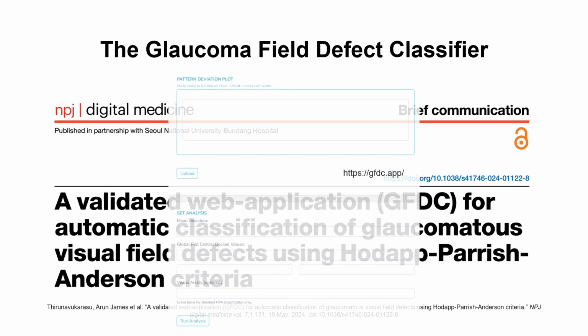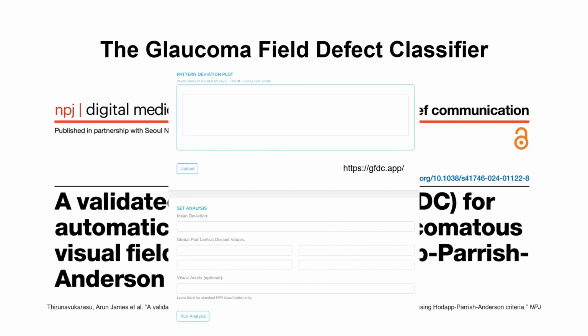On the website you upload the pattern deviation plot. This is the link of the website. Then you write the mean deviation, the global plot central decibel values, and the visual acuity option, and run the analysis, and they will tell you that this patient most probably has glaucoma.